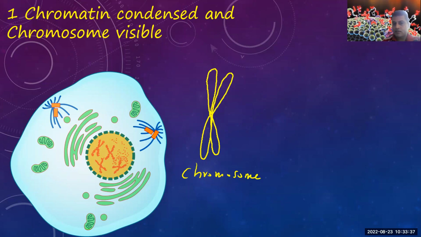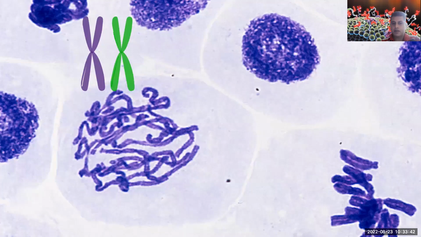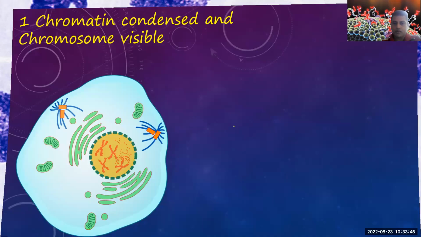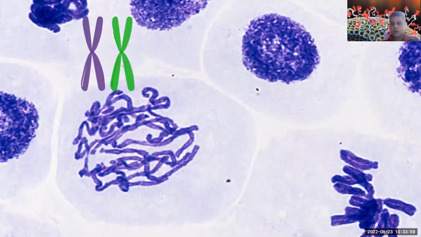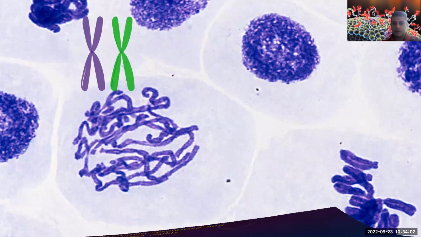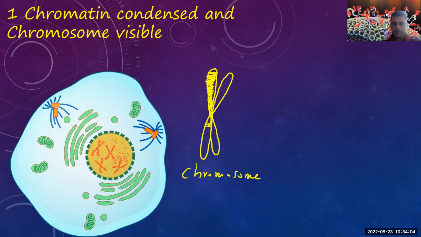So the DNA molecule is compressed like this to make the chromosome. Now, what is this one?